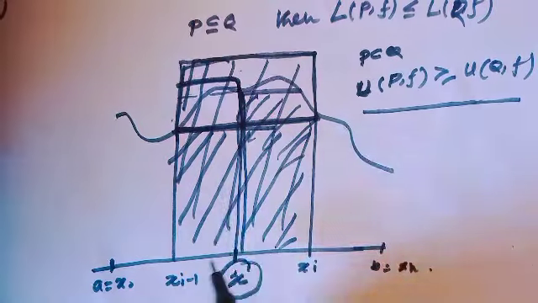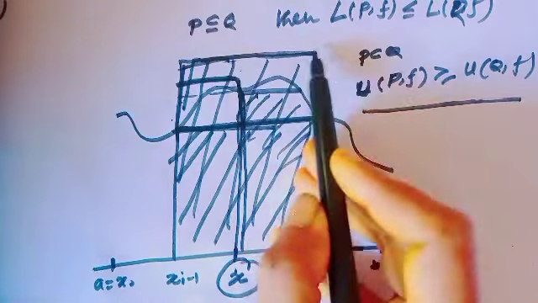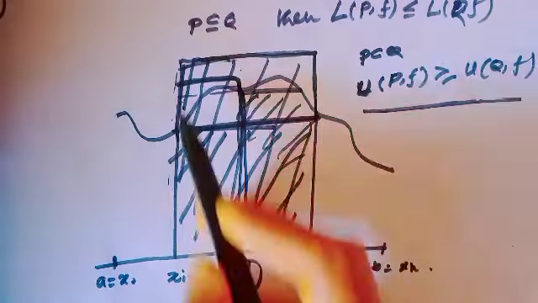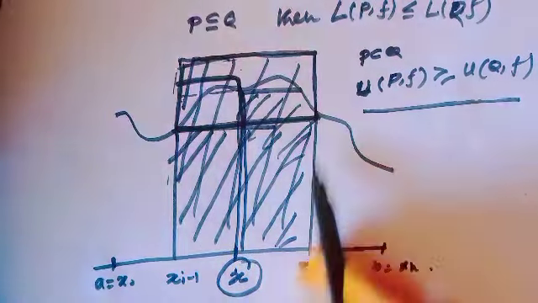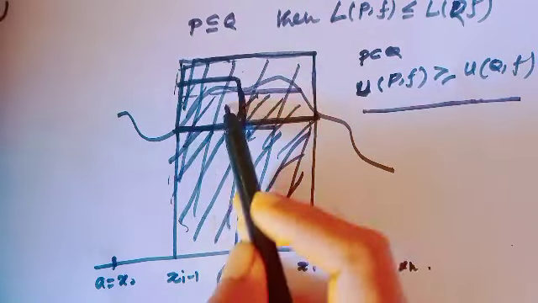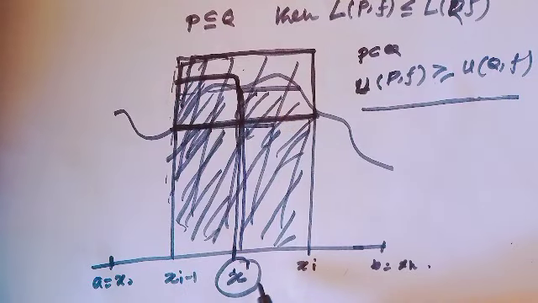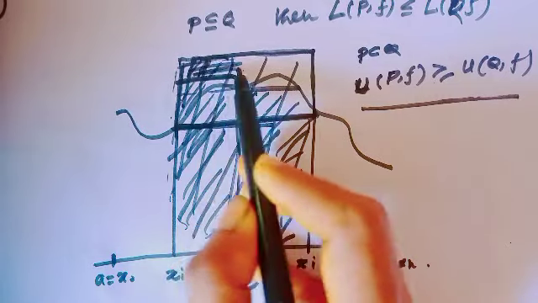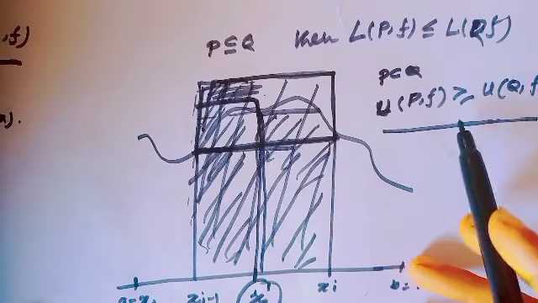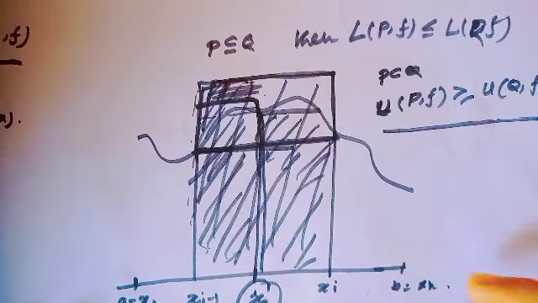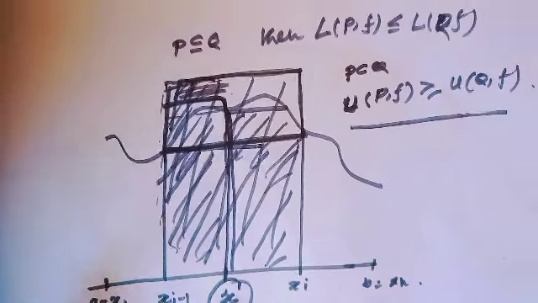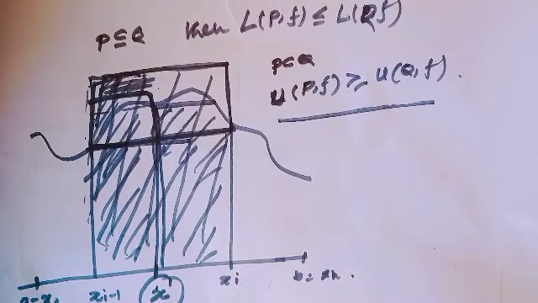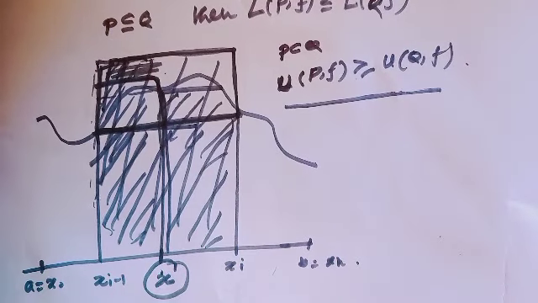That means, notice the picture, this is the earlier UPF, the earlier rectangle, now the rectangle is this part. Means when I have added new points, this part has been removed. Means when Q refines P, then UPF is greater than or equal to UQF. That means when I add more points, the upper sum will decrease, but the lower sum will increase.